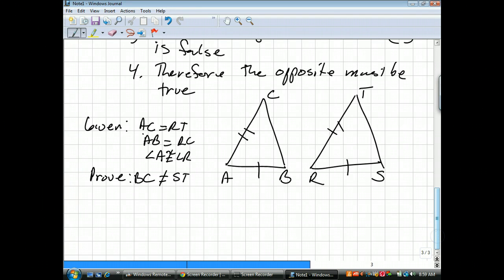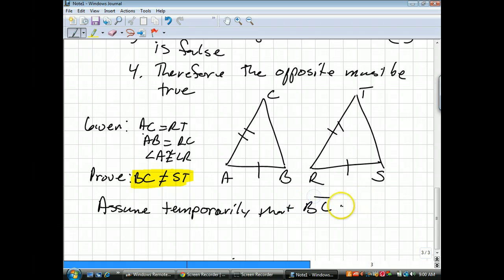So we want to do an indirect proof. So we start out by saying the opposite of what we're trying to prove. So we say, assume temporarily that length of BC equals length of ST. So we're assuming that this equals this.